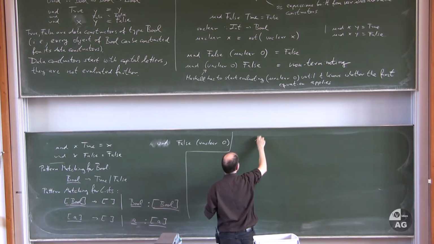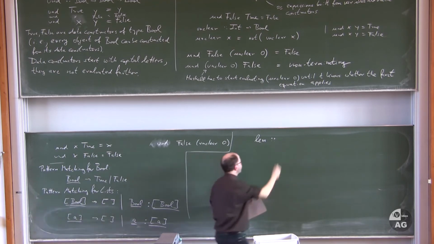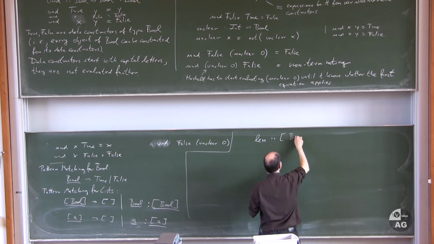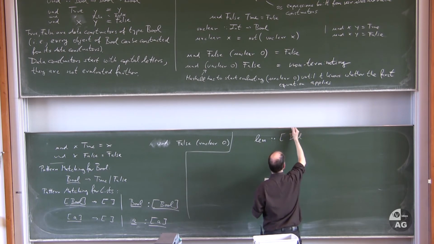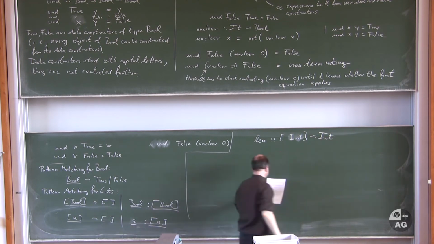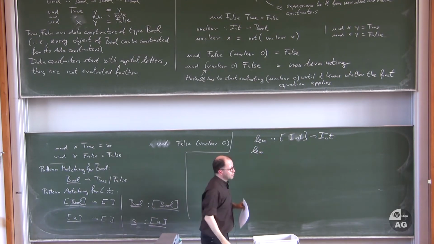We had one example already. Let's compute the length of a list, for example a list of Booleans or a list of integers. Let's take a list of integers and return an integer. So how would that work? We now do this case analysis.